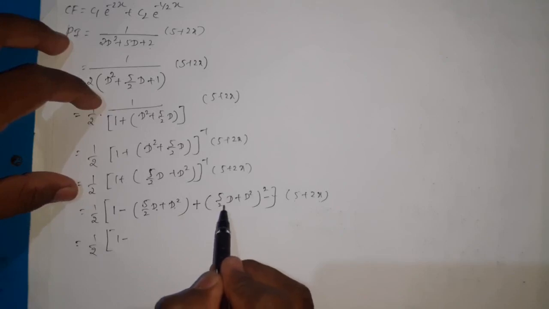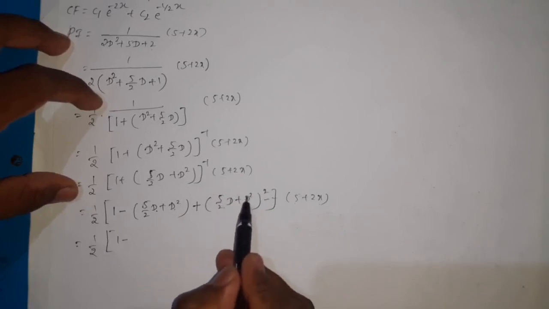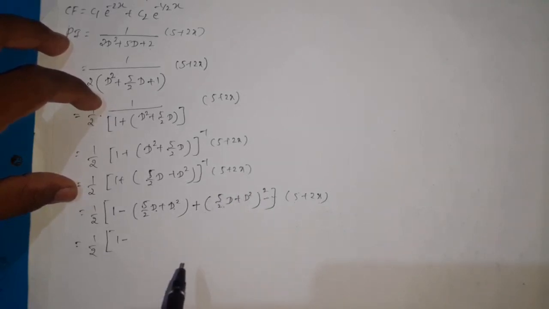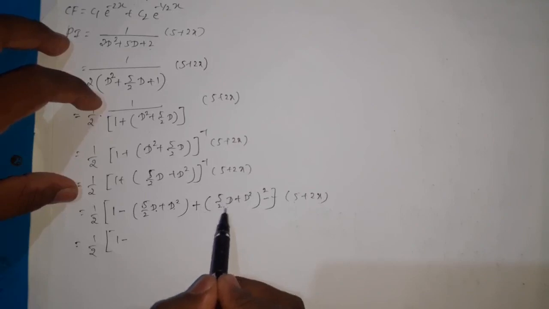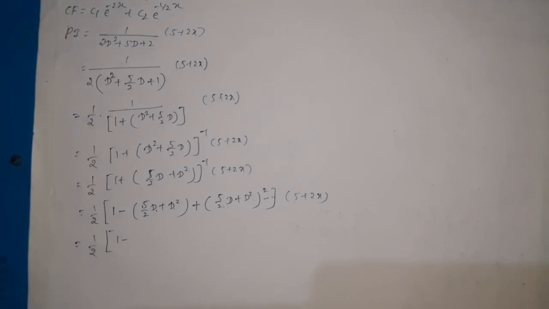And in this term it is of the form a plus b whole square. After expansion of this term there is no D, because this becomes D square, this becomes D power 4, and 2ab, that term will be D cube.